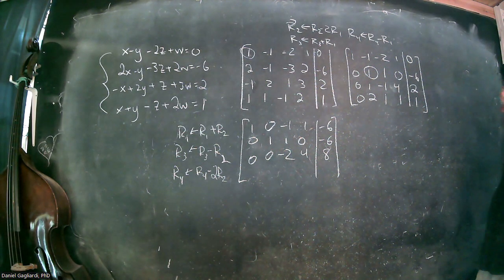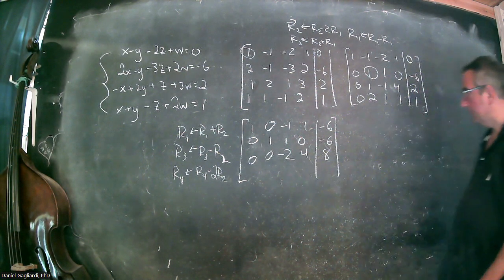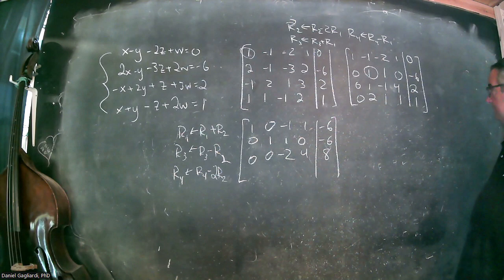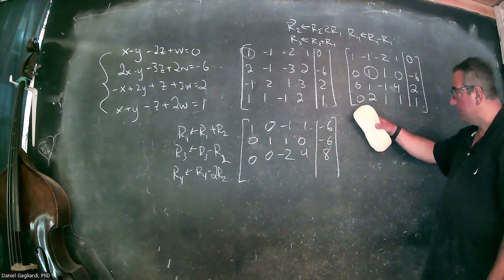Oh, nice. We have all even numbers in row 3, so I'm going to take advantage of that fact in a second. So let's see what we have with row 4.